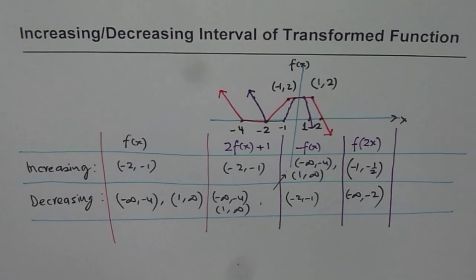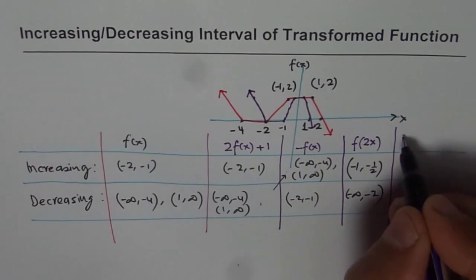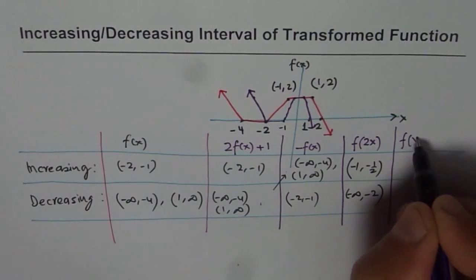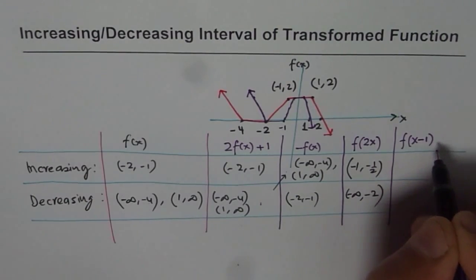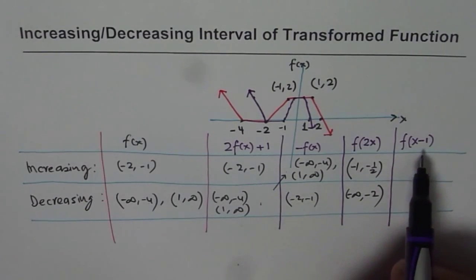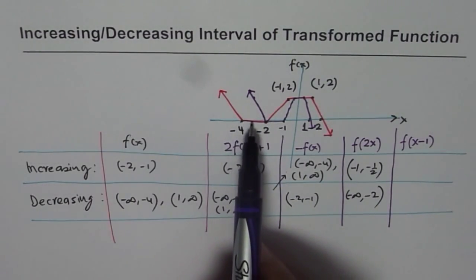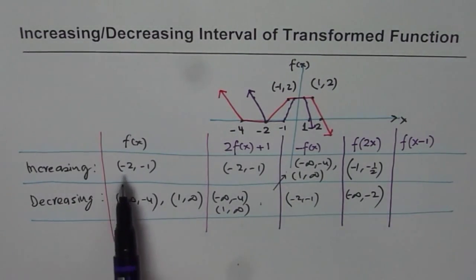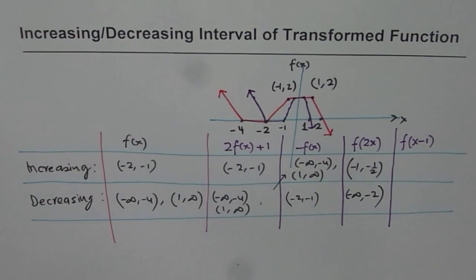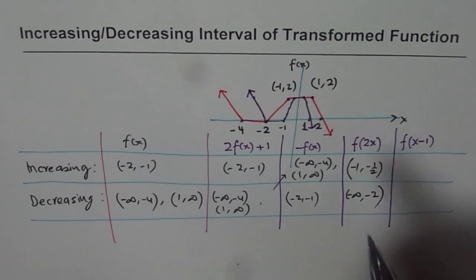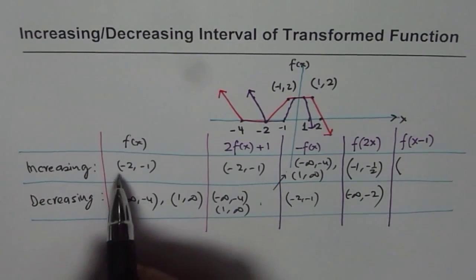If I have horizontal translation, then what happens? What I'm trying to say is if I have x minus 1, in that case our original function is translated 1 unit to the right. And so all these x values will be plus 1, right? And then for the increasing and decreasing intervals, we have to add 1.